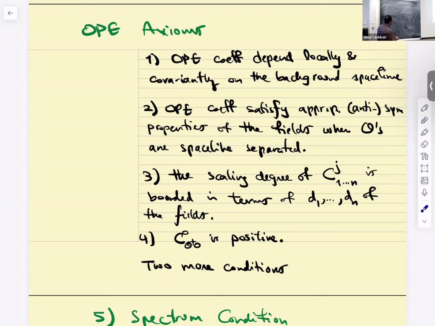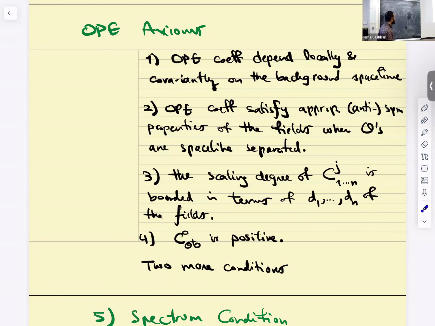If you want to know why, well, remember free field theory, right? What did we have? We had the Poincare invariant vacuum. Phi of x acting on this created a one particle excitation on top of this, right? Now, if I want to calculate the norm of this, the norm of this better be positive.